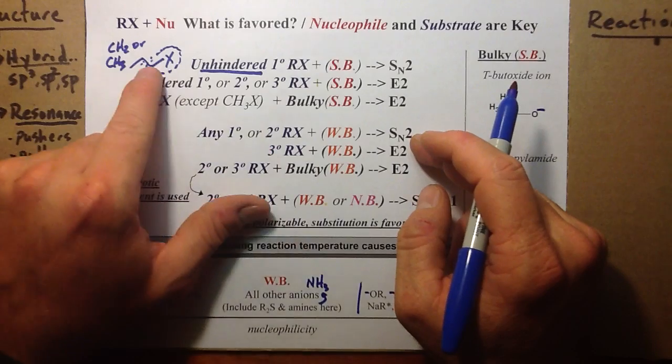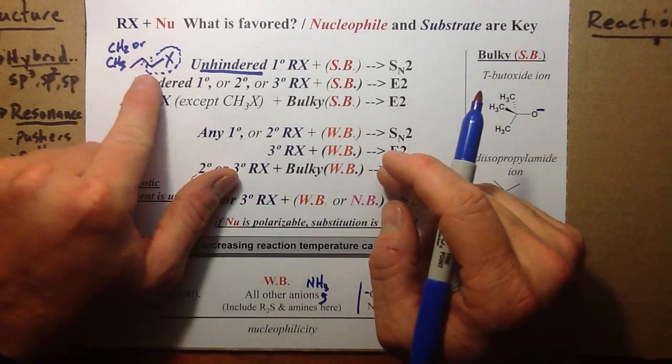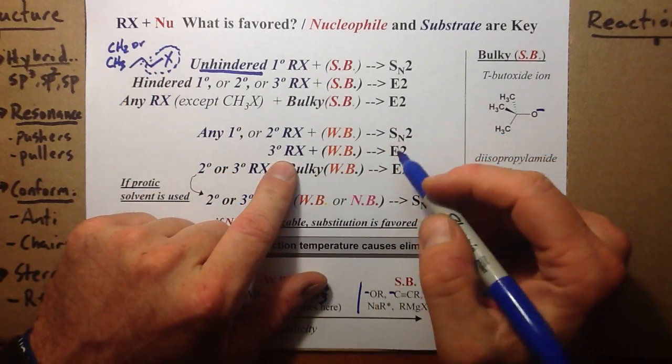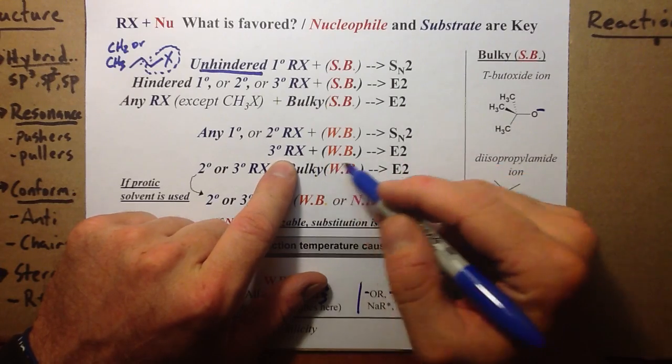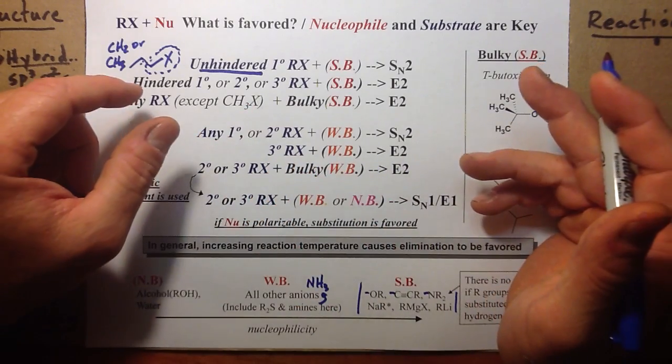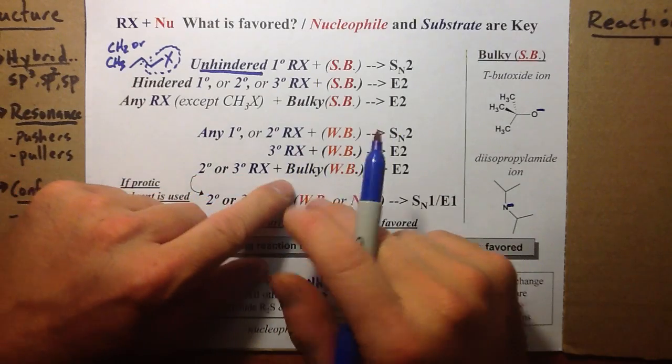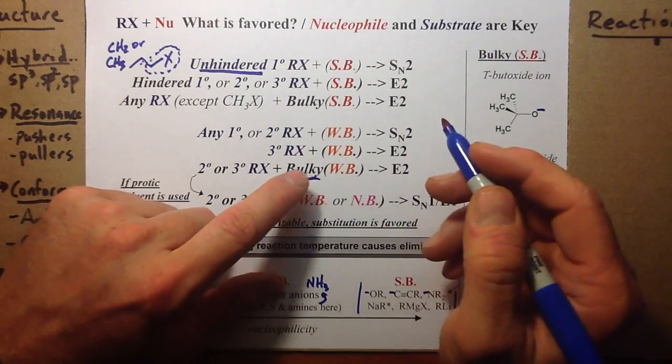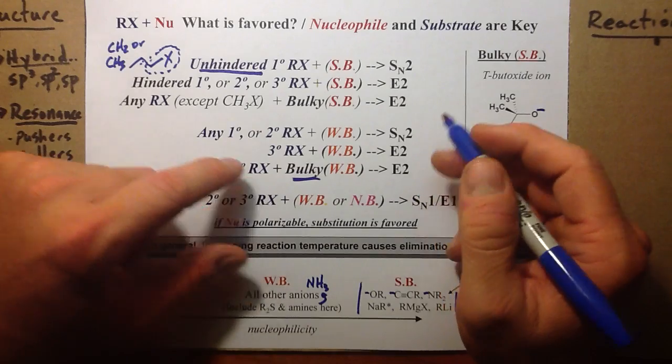But if that alkyl halide gets a little too bulky, can't find the carbon, becomes tertiary, tertiary RXs with weak bases favor E2. Secondary or tertiary with bulky weak bases tend to go E2.